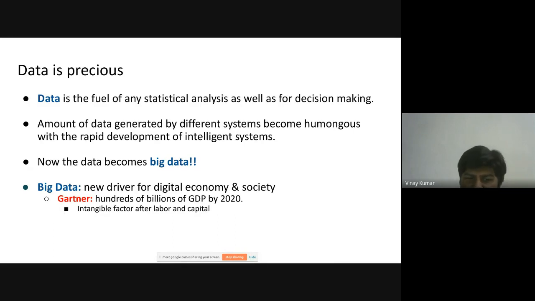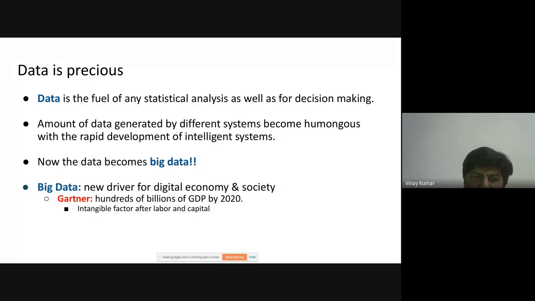So big data is a field that treats ways to analyze, systematically extract information from, or otherwise deal with data sets that are too large or complex to be dealt with by traditional data processing applications.